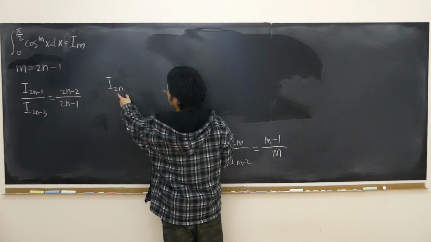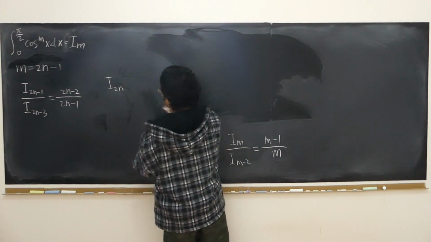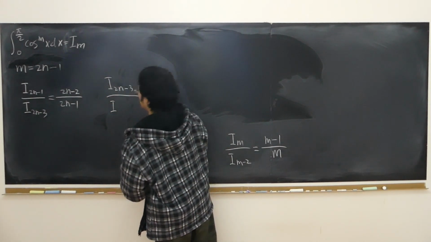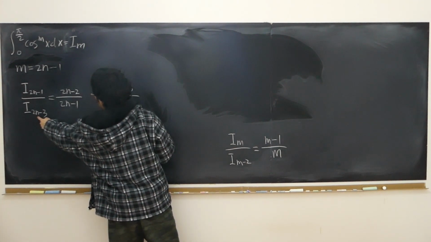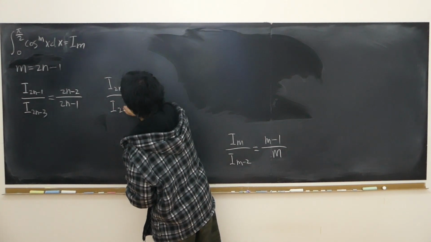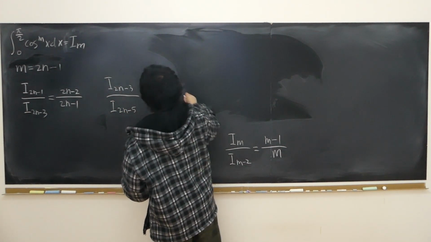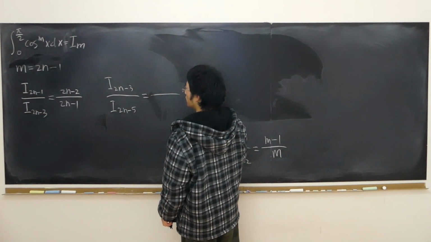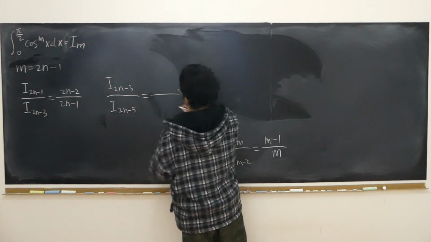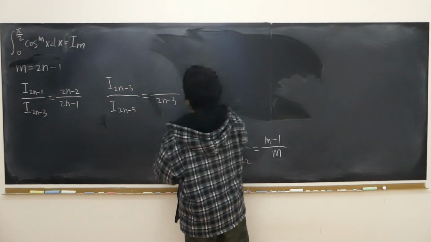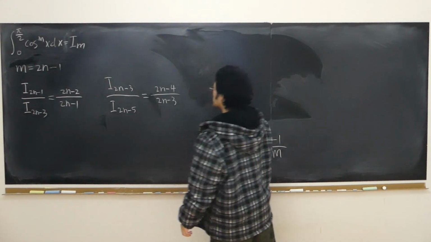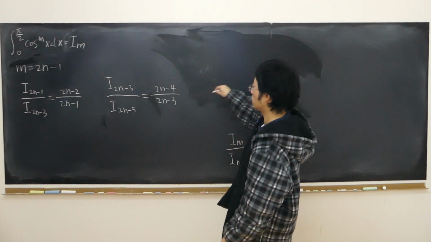It equals, again according to the pattern, the bottom here is equal to the subscript here, so 2n minus 3, and the top is reduced by exactly 1, so 2n minus 4, and so on and so forth.